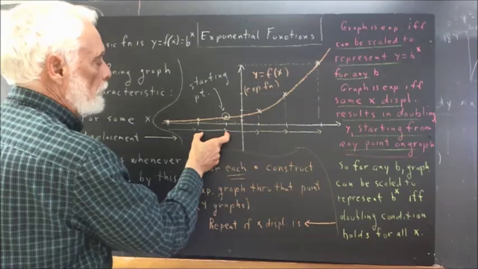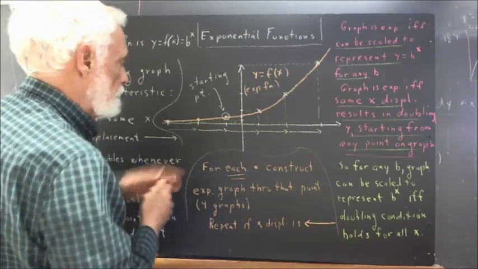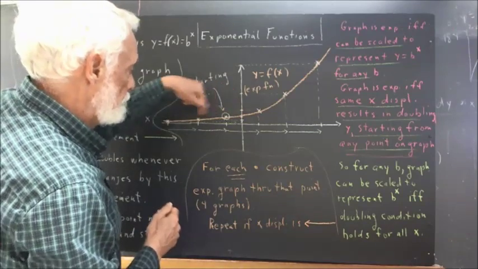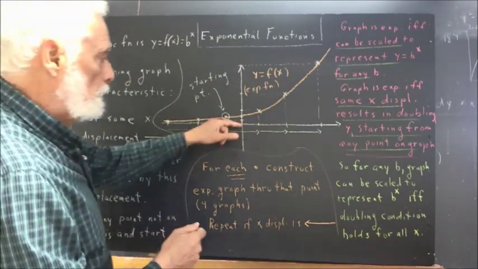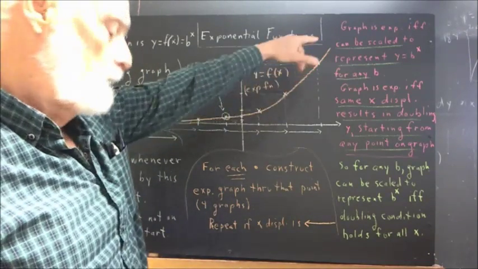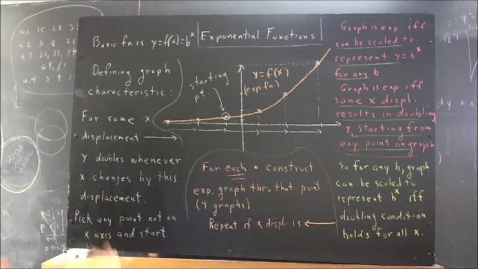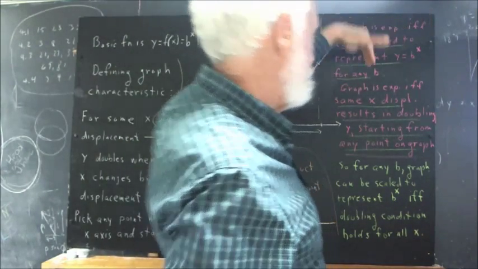We put the arrow down here where it ought to be and find out where we should have started. And then we take half of the y value here. So we cut the y value in half, and then we do the same thing again. We cut that in half again. That gives us a graph that, with certain caveats, can be scaled to represent y equals b to the x for any b.